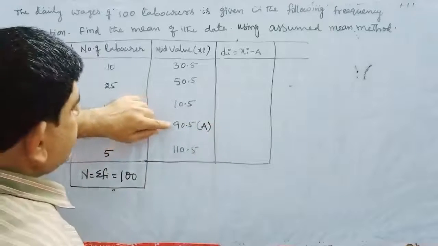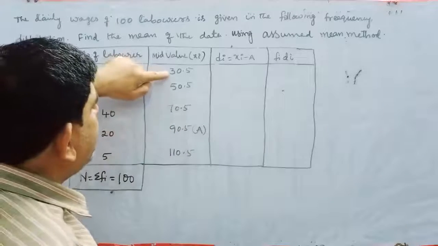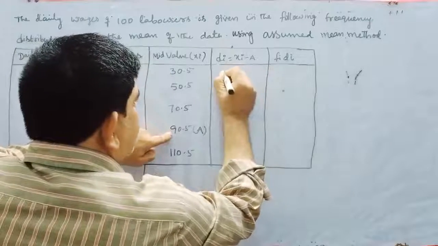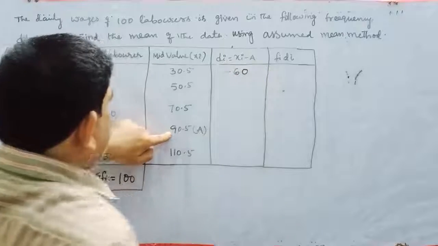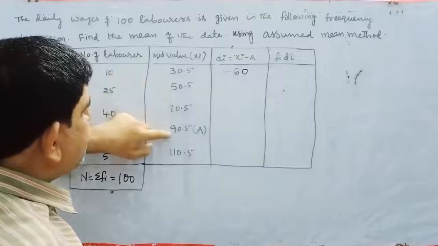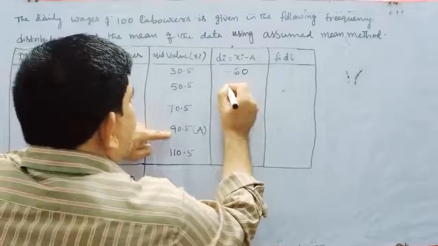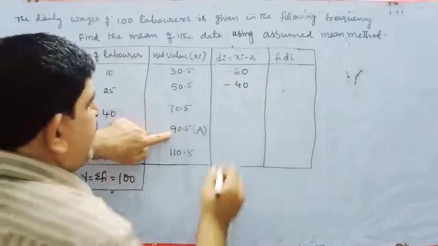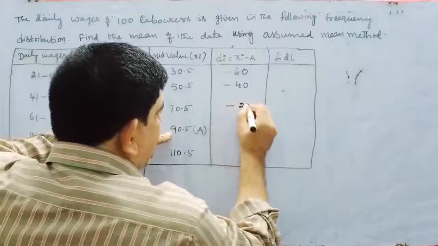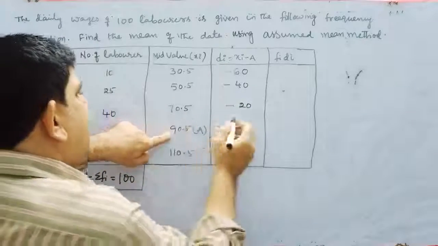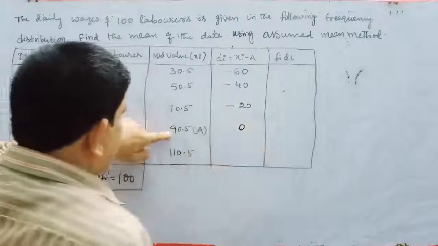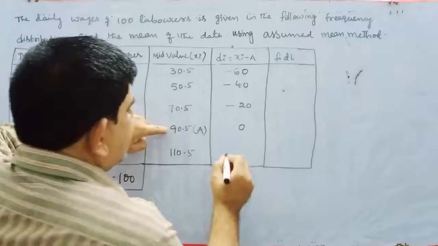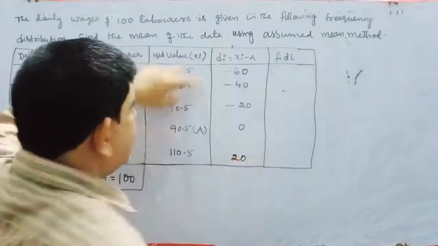Now 30.5 minus 90.5, minus 60. 50.5 minus 90.5, minus 40. 70.5 minus 90.5, minus 20. 90.5 minus 90.5, 0. 110.5 minus 90.5, 20. So this is di.